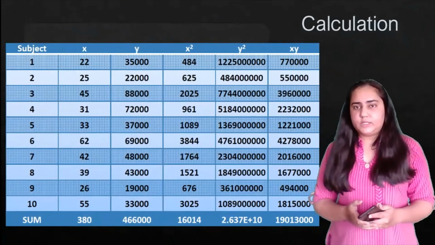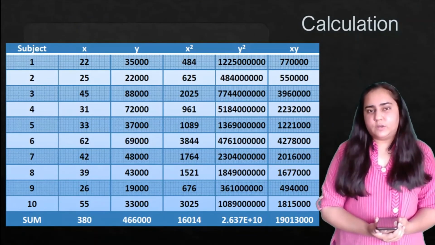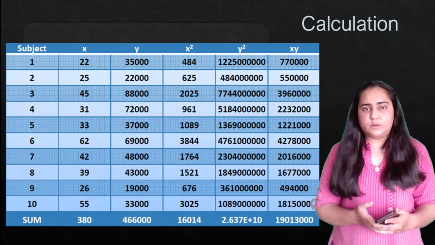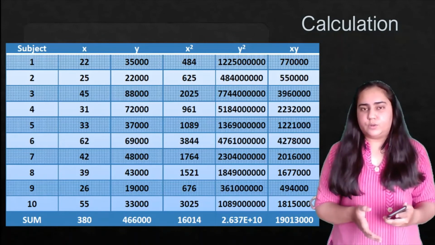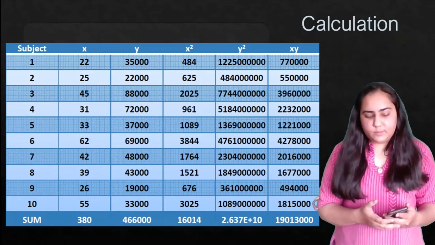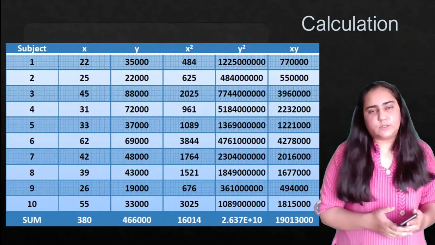Now let's calculate. For calculation purposes, you can see this table I have calculated already, and these are the answers. If you wish to calculate on your own, you could pause the video here, try to do your own calculations, and then come back and verify your answers. I'm going to very quickly tell you what this calculation is about.